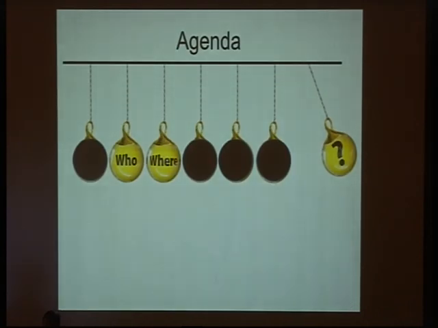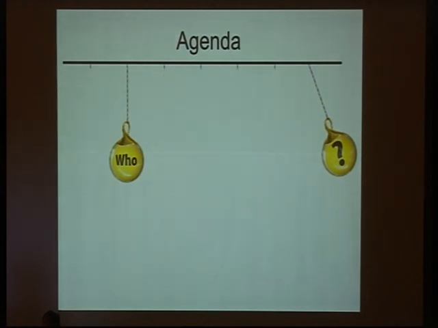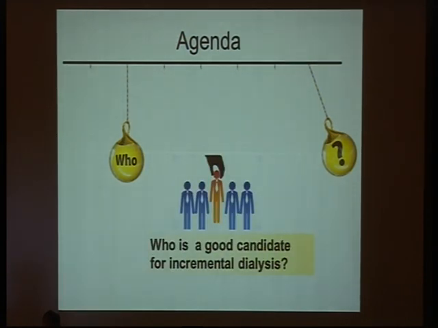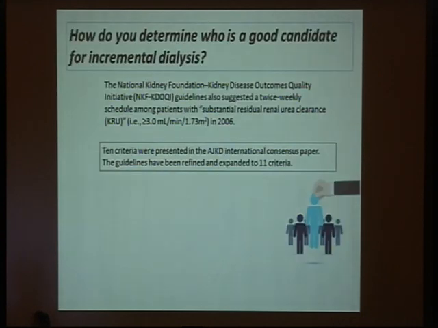I have two remaining questions. Who is a good candidate for incremental dialysis? The National Kidney Foundation in 2006 considered patients with residual renal urea clearance more than 3 milliliters per minute adequate for incremental hemodialysis.